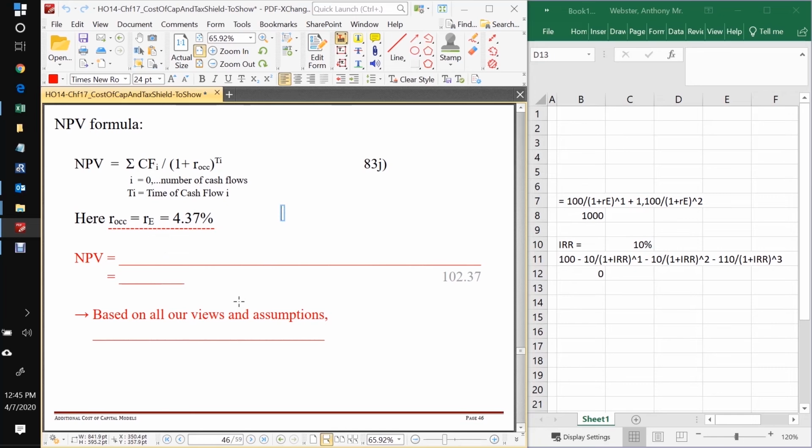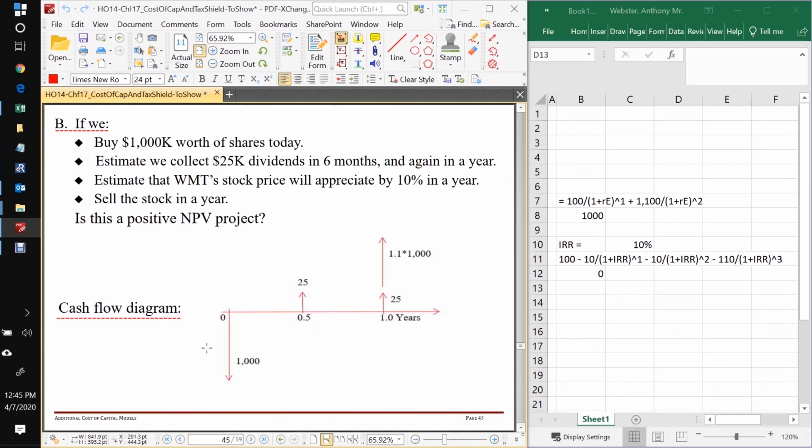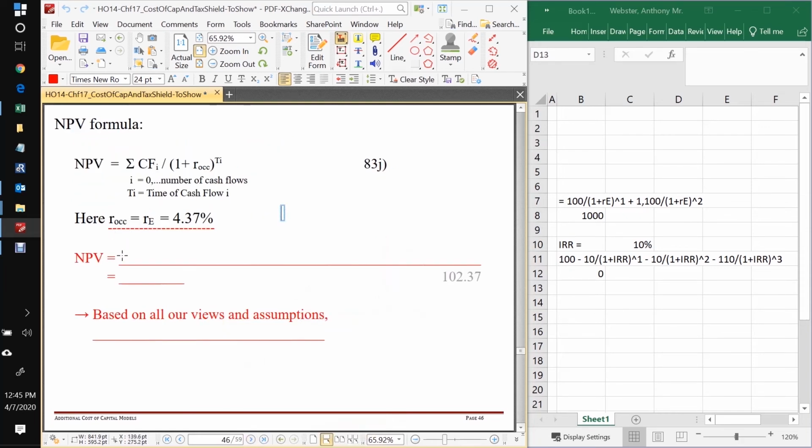Okay, so our NPV is, let me just go back because again of the early onset Alzheimer's problem that I have here. I think I got all my cash flows now lined up, 1,000, 25, 25, and 1.1 times 1,000. So our NPV is going to be minus 1,000 and then plus 25 over 1 plus 4.37%. And what's that raised to? That's in 6 months, and I'm measuring things in years.